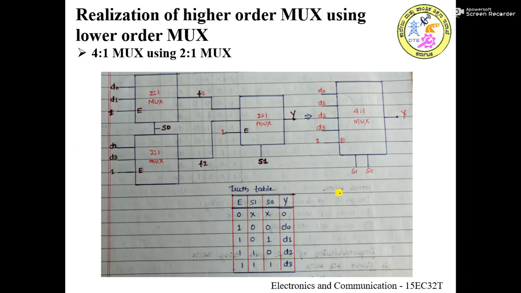I will get a value 1. So we require one more 2:1 mux, which will not share the select line. It will have its own select line, which should be designated with a different literal. Okay, next we will see another example.